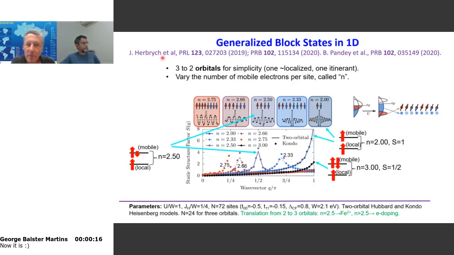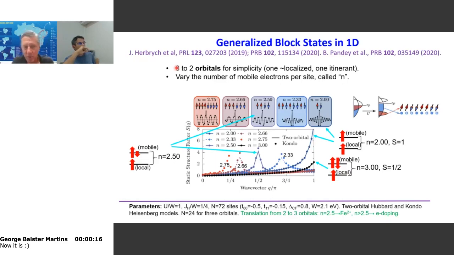And then Jacek Herbrich, who is full of energy, decided to start changing the electronic density. The one I showed you before was at a very particular electronic density, but he managed a clever way to simplify the problem from 3 orbitals to 2 orbitals.